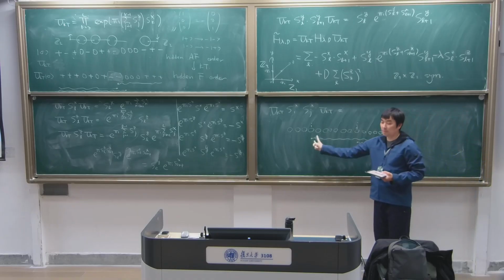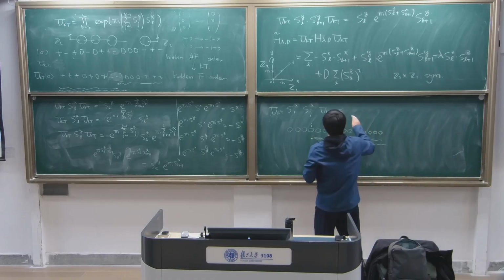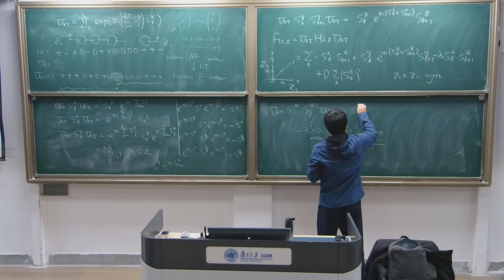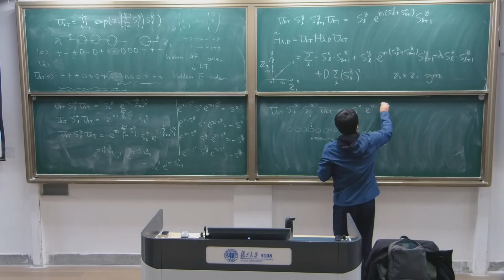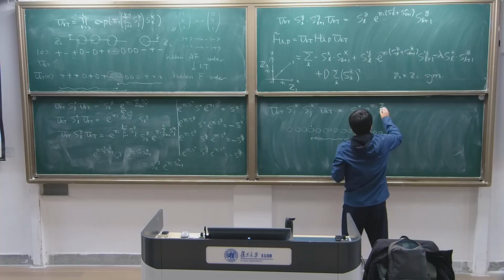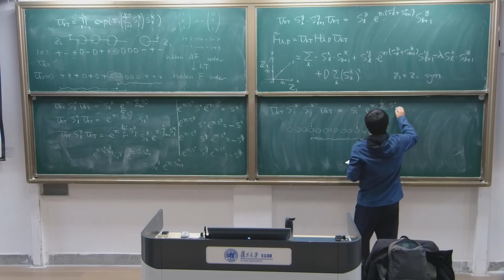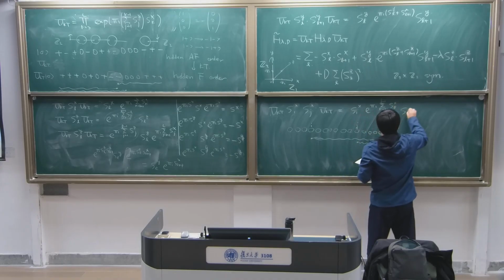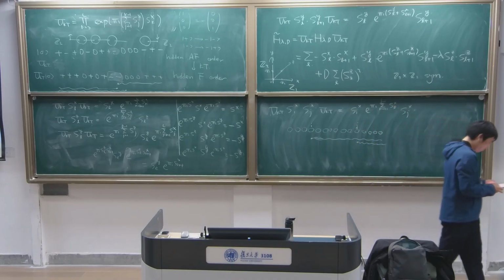And what's left is in the middle. So therefore you have x_i, x, e to the i pi, sum over l from i plus 1 to j minus 1 of S^x_l, and then S^x_j, like this.